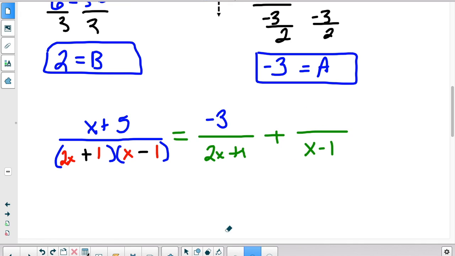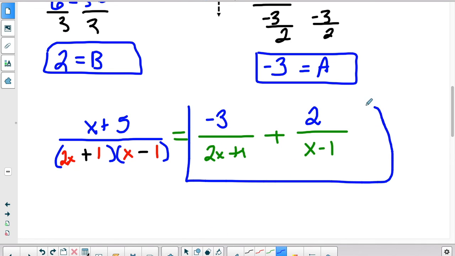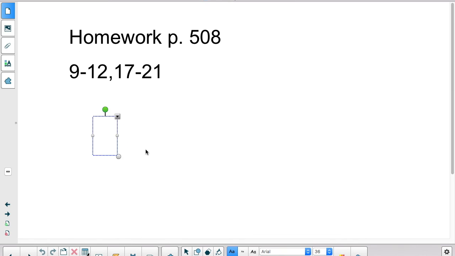And instead of b, we're going to write 2. So this right here is our answer: negative 3 over 2x plus 1, plus 2 over x minus 1, is the partial fraction decomposition for this problem here.